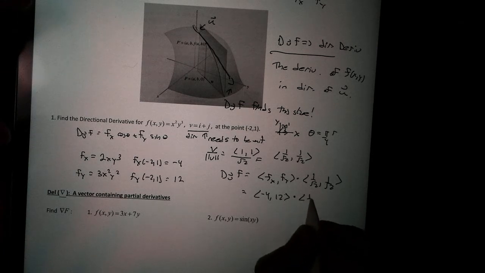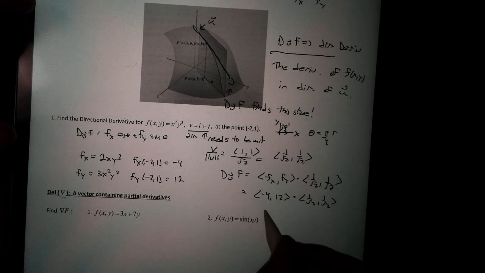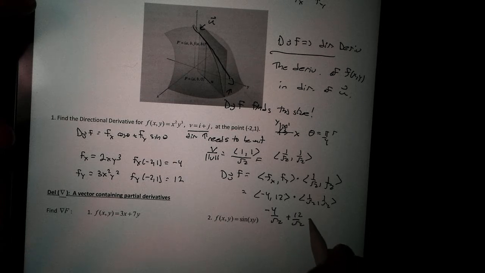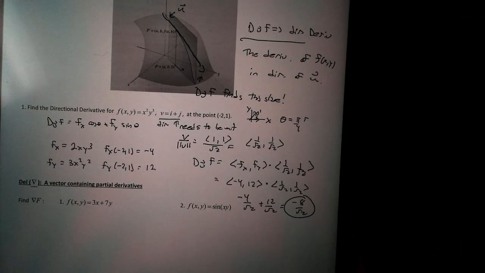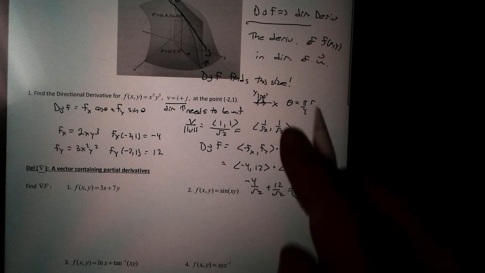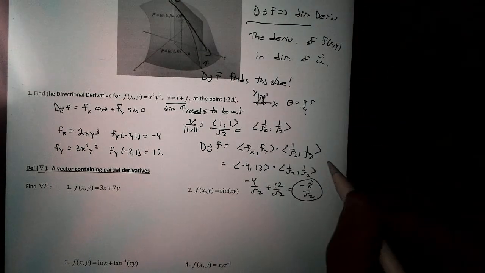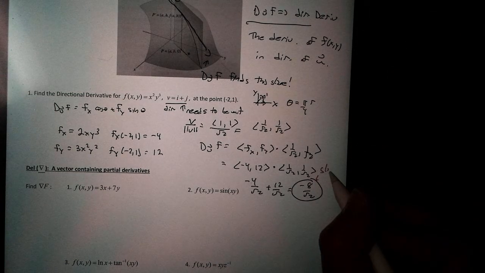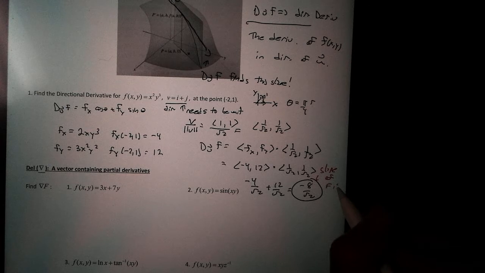Dot that with 1 over root 2, 1 over root 2, and we're going to get negative 4 over root 2 plus 12 over root 2, which becomes 8 over root 2. And there's our final answer right here. Now remember what this is telling us: this is the slope of f in the direction of u. Very easy to do, very simple to do. You all can do this. It's not a problem.